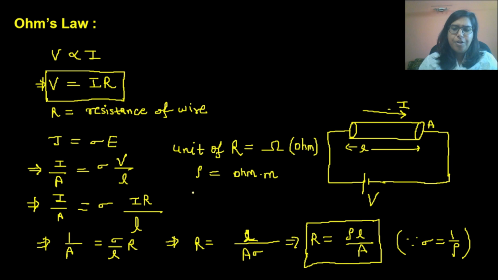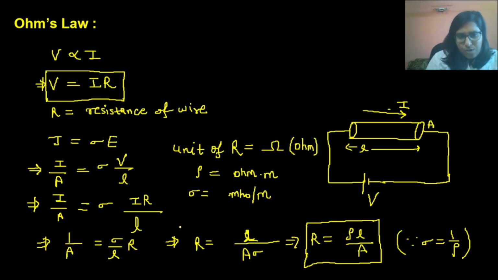And the unit of sigma will be 1 upon rho, that means 1 upon ohm into meter, or we can write mho per meter. So these two relations you have to remember. Now we will solve some questions based on Ohm's law and this formula R equals rho L upon A.